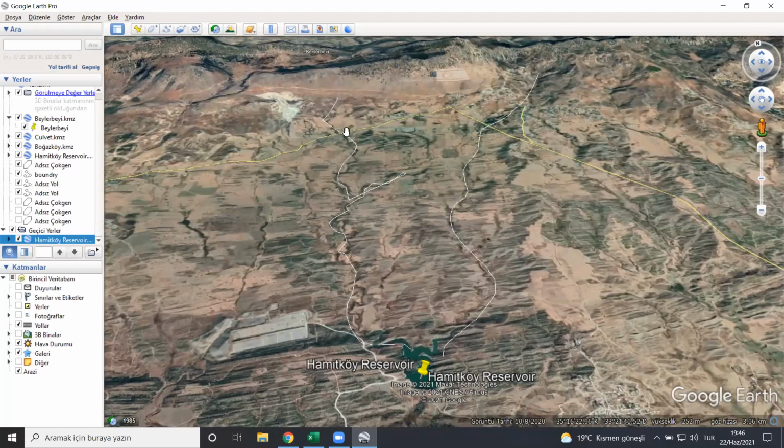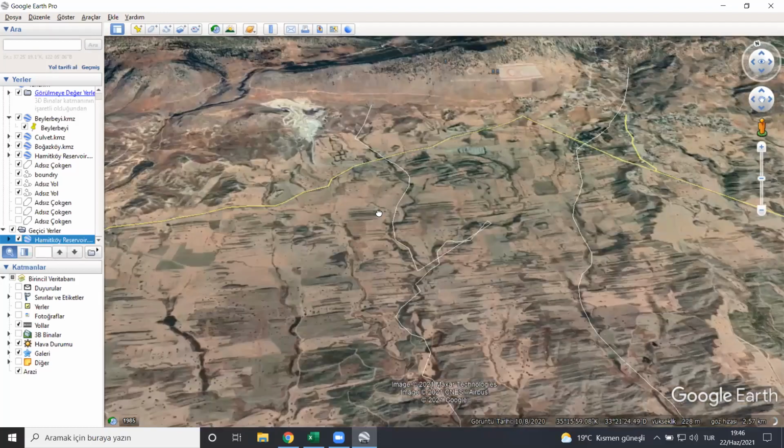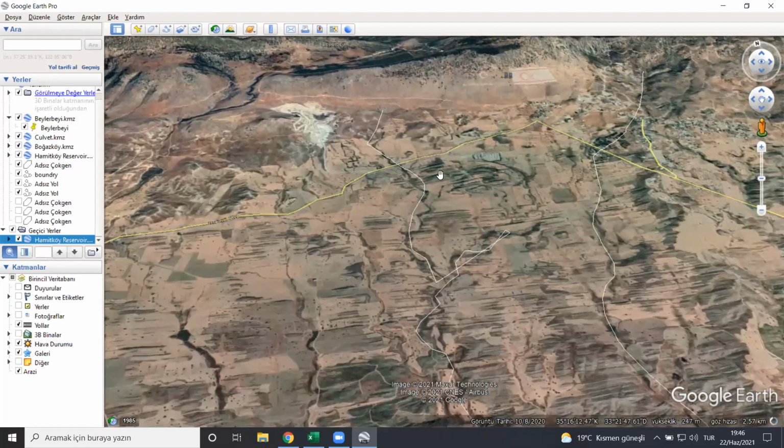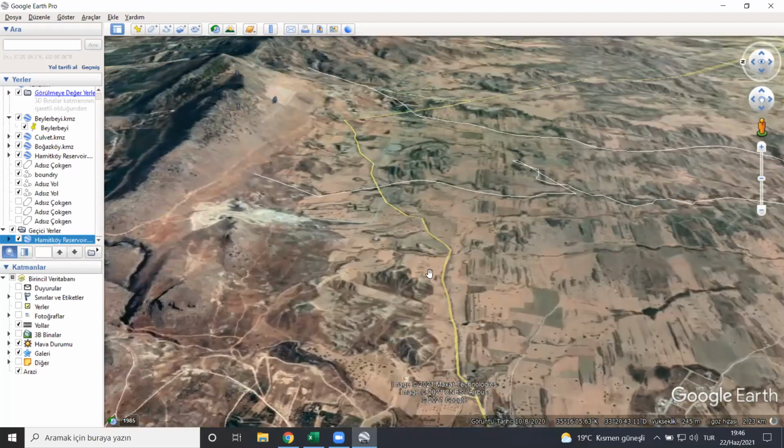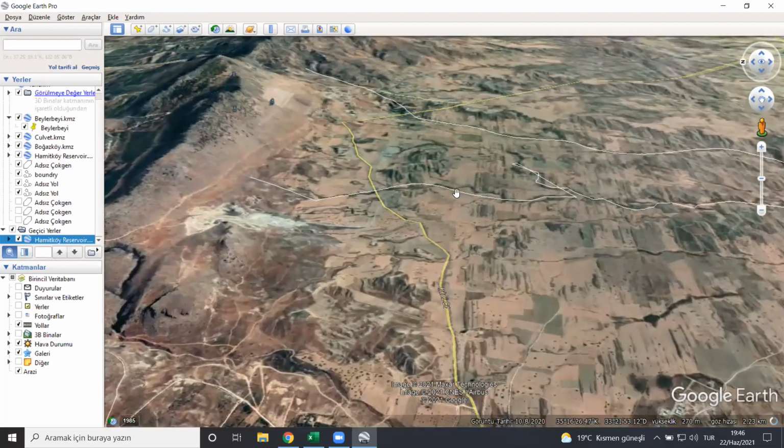So why you need to calculate this: your total area is given, but if you look at here from the side, let's say the slope of this portion and the slope of this portion are not the same. So we cannot use the same slope for the total area.